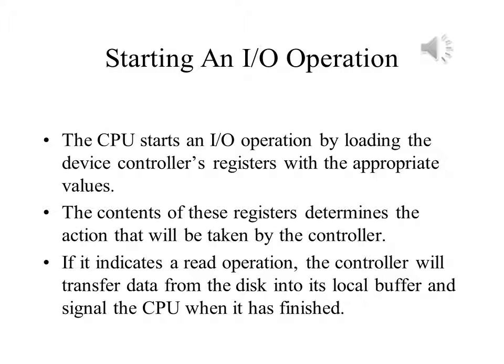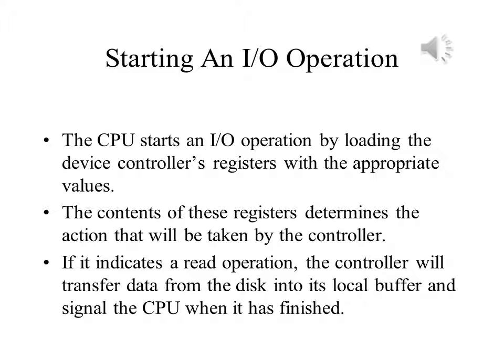The CPU starts an input-output operation by loading all the relevant information into the registers of the device controller. This can include the command, the number of blocks of data to be transferred, as well as the direction of the transfer, to the disk or from the disk, for example.